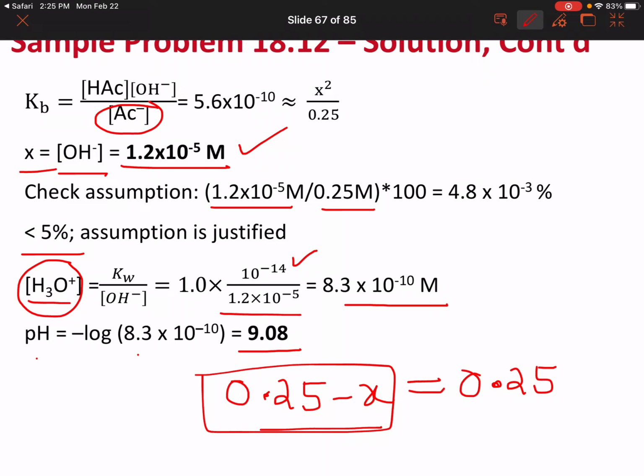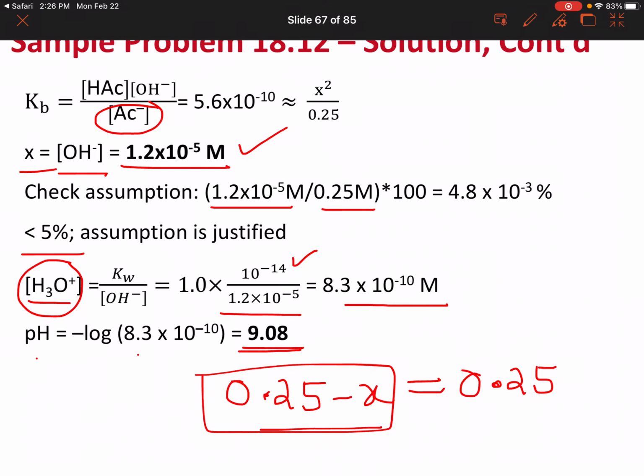Neutral pH is 7. Acidic would be less than pH 7. Basic would be more than pH 7. So we are dealing with an acetate solution. The acetate, or anion of a weak acid, gives a basic solution, which also justifies the pH of 9.08.